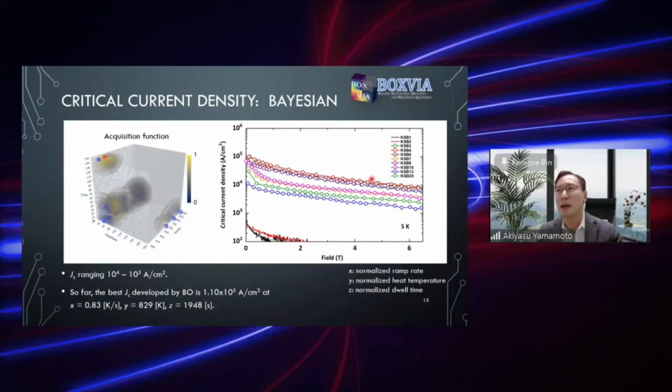And the JC for the prior data, which are quite extreme, edgy conditions, shows quite small JC like this. But for other samples, JC ranges between 10 to the 4th and 5th under low field. And so far, the best JC obtained during the Bayesian process was 1.1 times 10 to the 5th amps per square centimeter at these strange parameters.